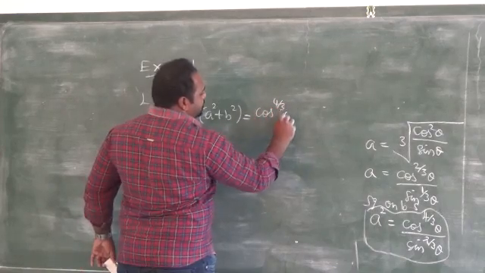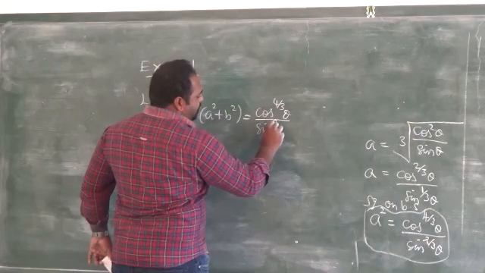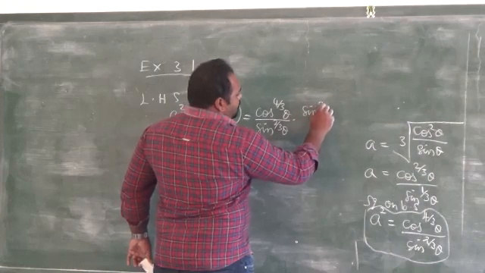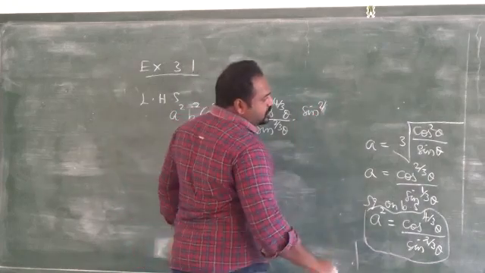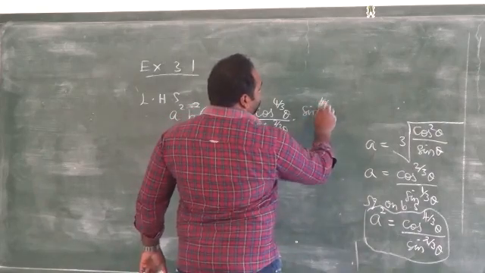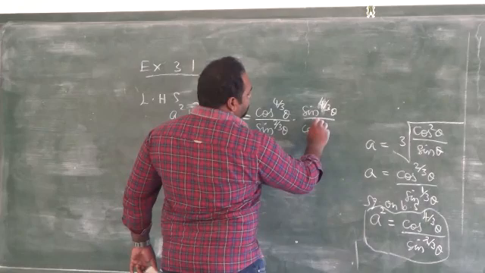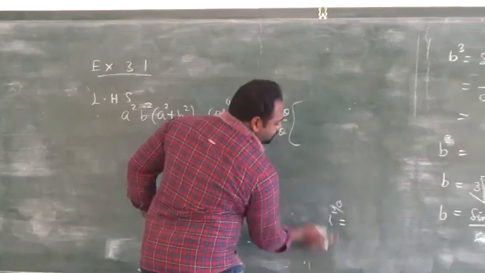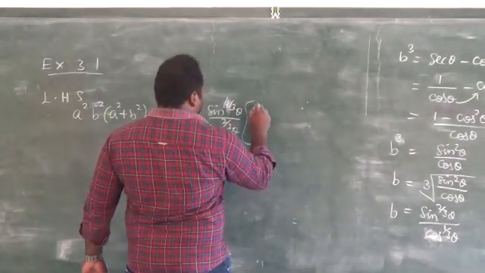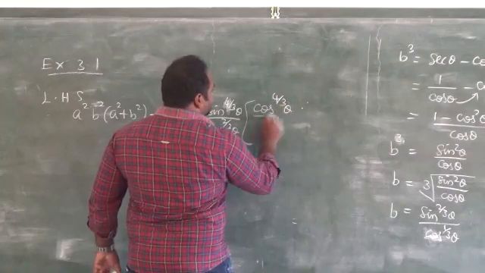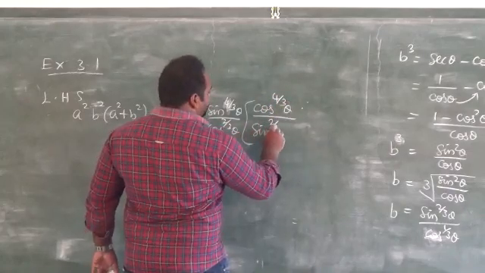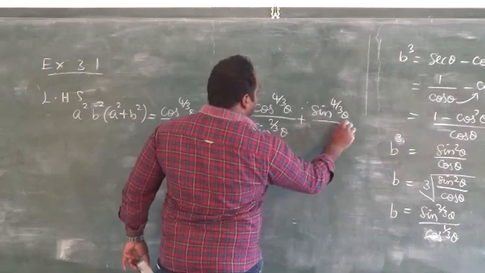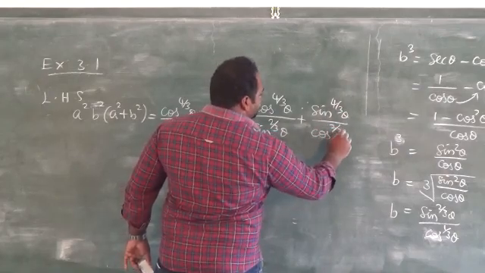Cos power 4 by 3 theta by sin power 2 by 3 theta, into B square, which is sin power 4 by 3 theta by cos power 2 by 3 theta, into A square plus B square: cos power 4 by 3 theta divided by sin 2 by 3 theta, plus sin 4 by 3 theta divided by cos 2 by 3 theta.